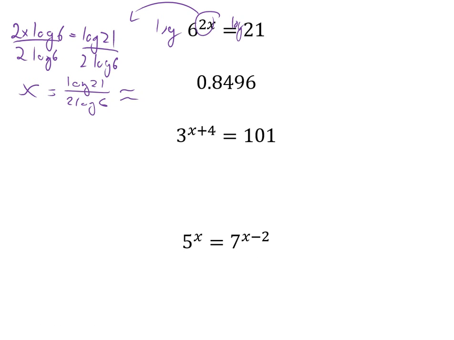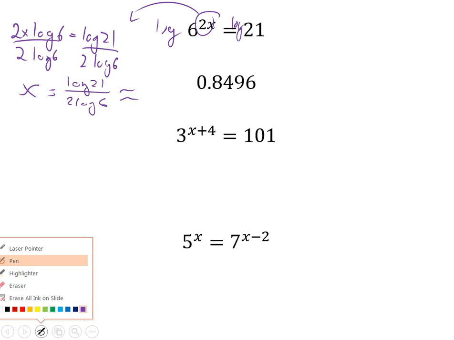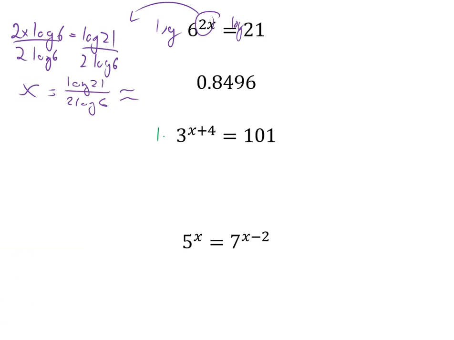There's no way that I would have you solve these without it. So you will have your calculator. So now the next one, you're going to take the log of both sides. You're going to drop x plus 4. So we're going to have parenthesis x plus 4 log of 3 is equal to the log of 101.